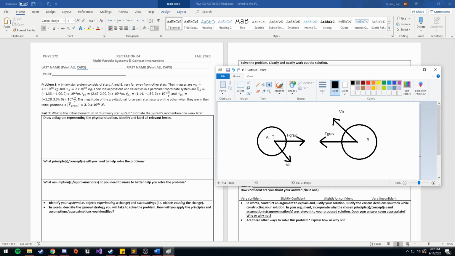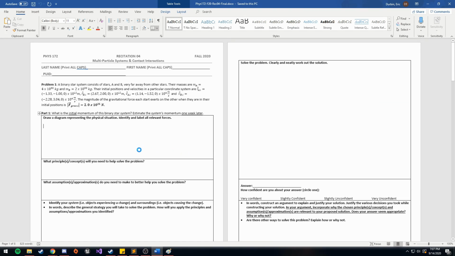Oh, and it would make sense that the stars have opposite velocities because they would be rotating around each other. Yeah, I see what you mean. Okay, so for the concepts, I wrote down momentum principle, position update, and then is there anything else we'll need?